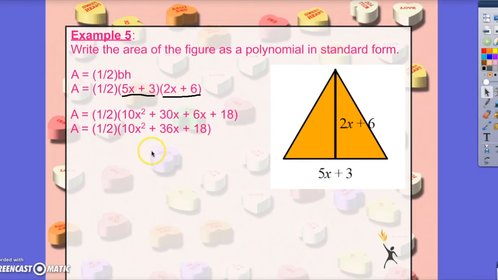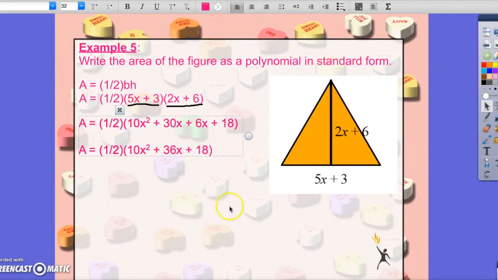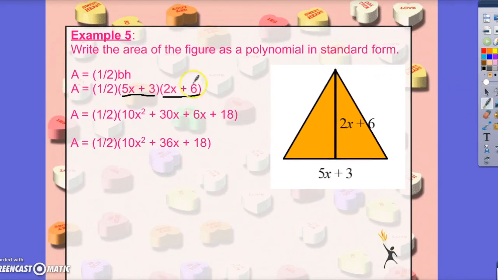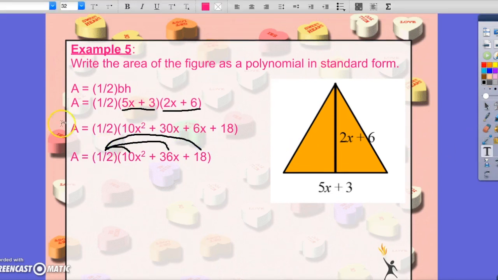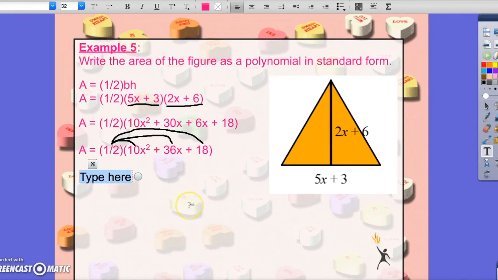Now as my last step, by multiplying this out and giving one single parenthesis, I could actually take the one half, because it's a single term, and distribute it to all three pieces. So let's see what we get here. One half times 10 is 5x squared.